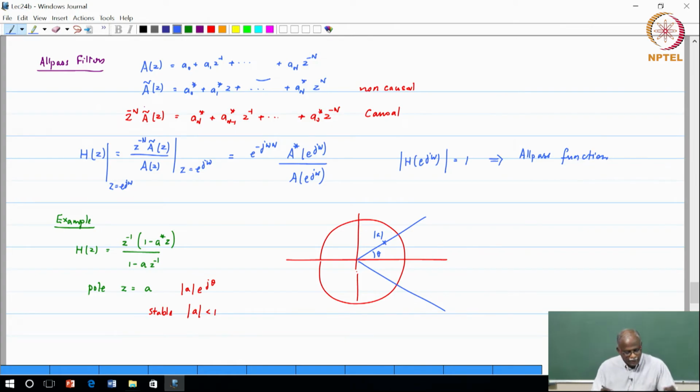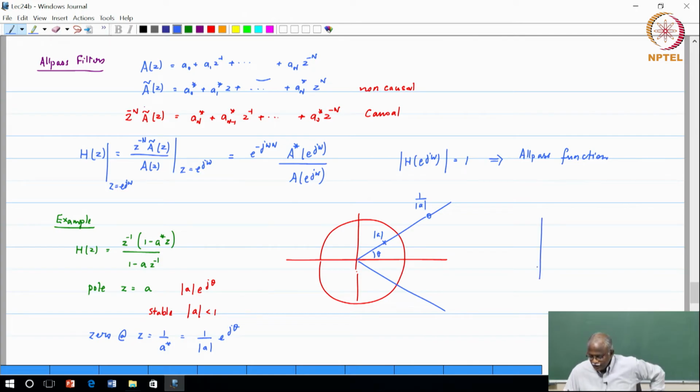Now go back and look at the zero. We find that there is a zero at z equal to 1 over a star. So that will be equal to 1 over mod a times e power j theta. So it is along the same radial direction, but at a distance of 1 over mod a. I am sure you are familiar with sketching poles and zeros.